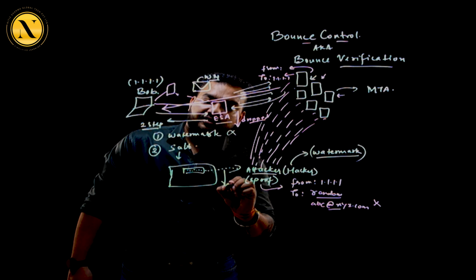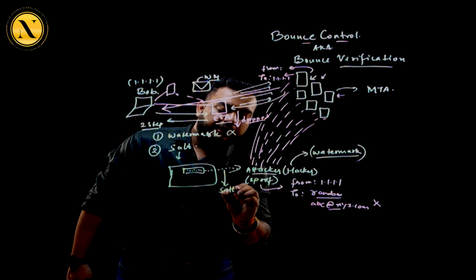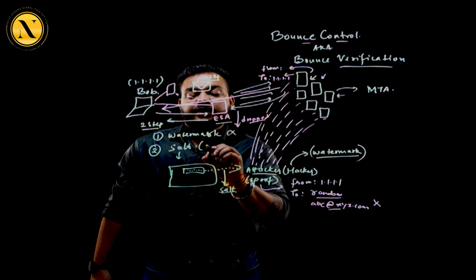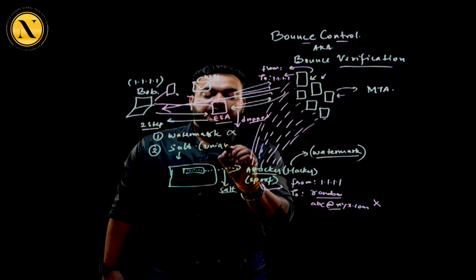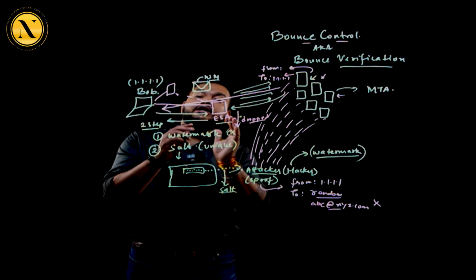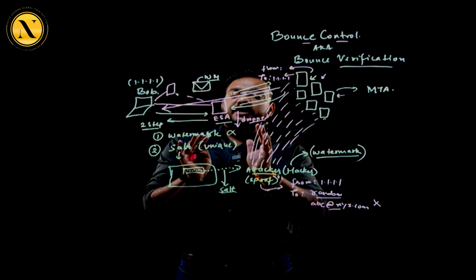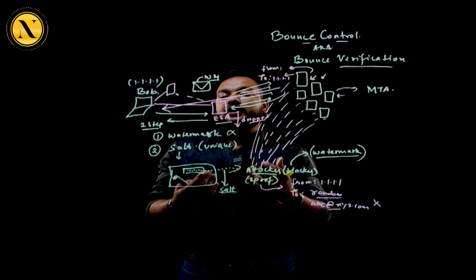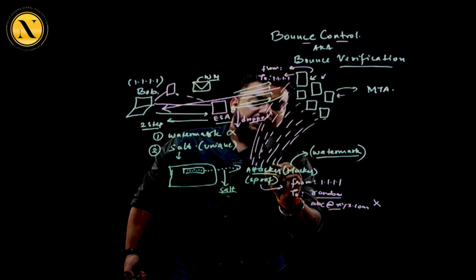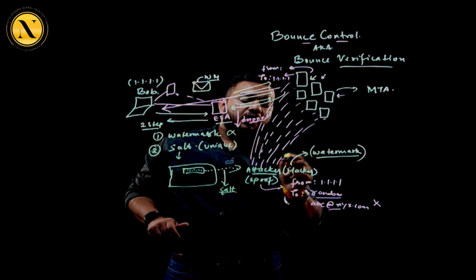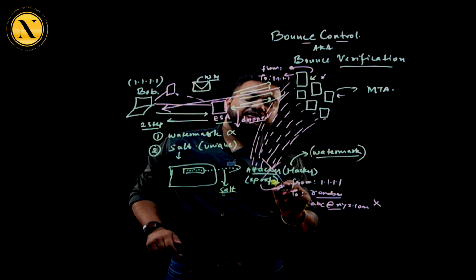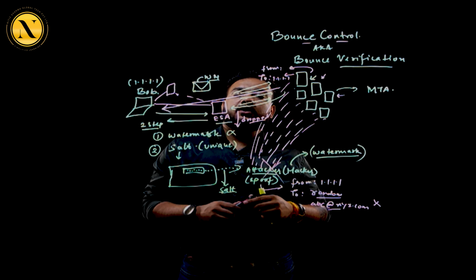What are these dots? These dots are nothing but the salt value, and the salt value is completely unique. It gets added to each and every email. To each and every email, a new salt value will be added, which this attacker cannot spoof or get his hands on, and over here he is going to fail.